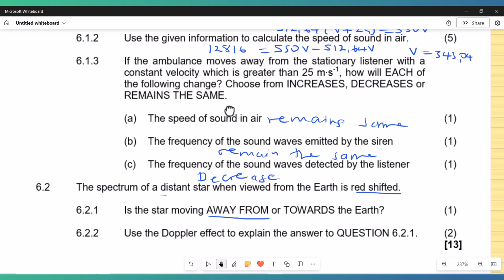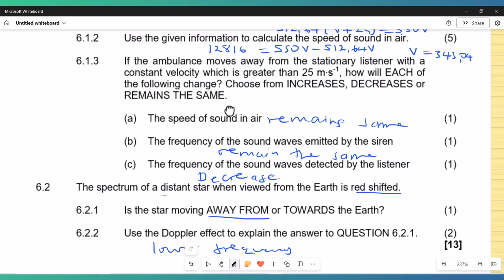So what do you have to say? Because the distant star when viewed from the Earth is red-shifted, that means a lower frequency has been detected, because on the spectrum the red end is the end with the lower frequency. Are we together?